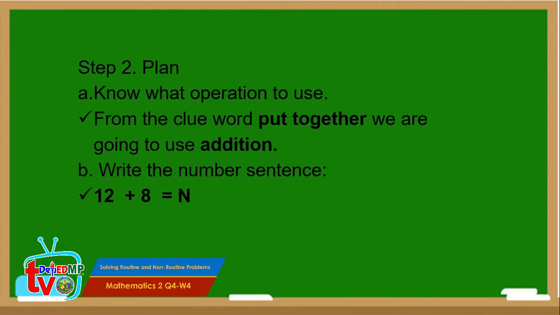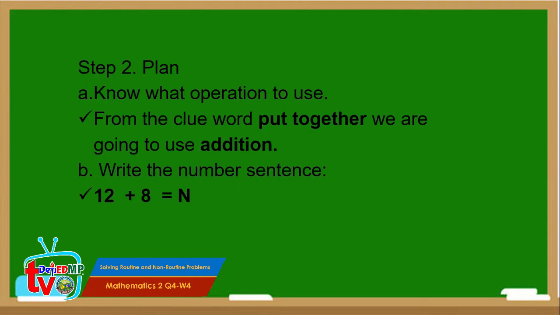Next, let's go now to step 2. Step 2 is plan. You must plan what you are going to do. So letter A, you must know what operation you're going to use.